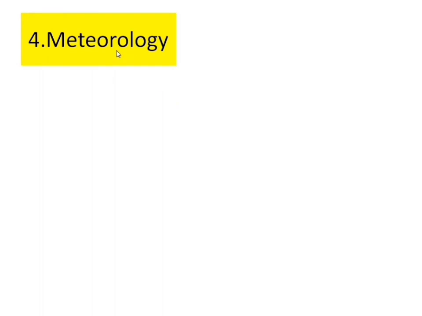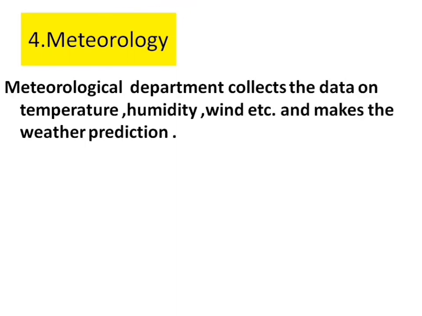Moving on to the fourth topic, that is meteorology. What do you understand by meteorology? So, the meteorological department collects the data on temperature, humidity, wind, etc. and makes the weather prediction. Or meteorology is the study of atmosphere.